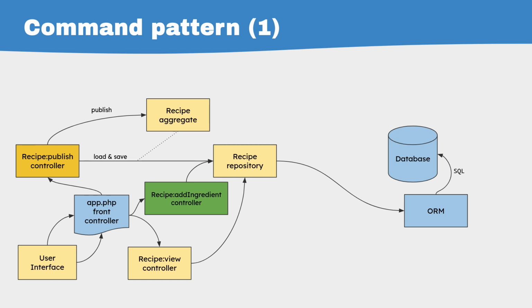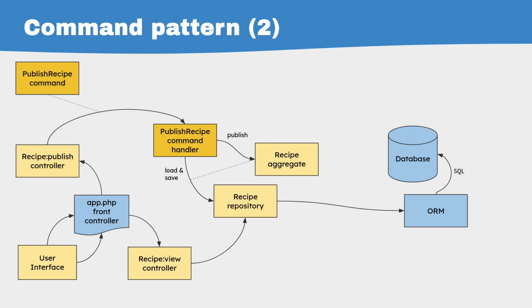So another problem with this is that we execute this action, this command, from our controller. And our controller is pretty much tied to HTTP, right? This is a controller that gets called by some router with HTTP parameters, post data maybe. And if you wanted to add a command line command to publish a recipe, we couldn't reuse the same code. So a logical next step is to introduce a separate command object and a separate command handler.